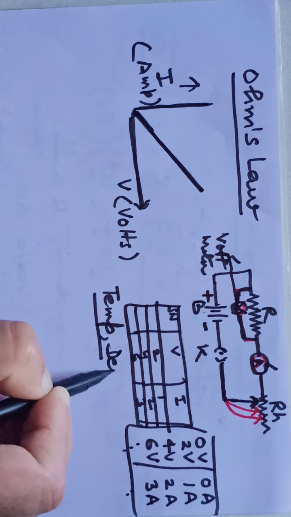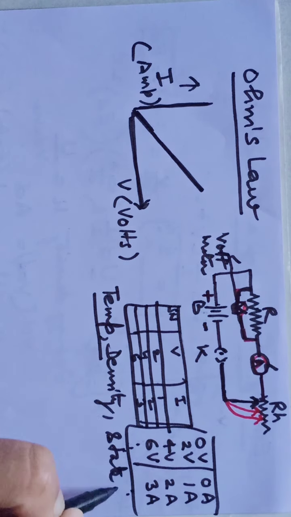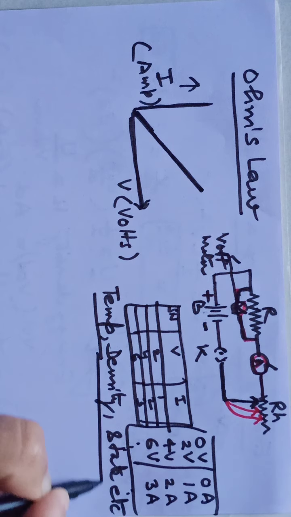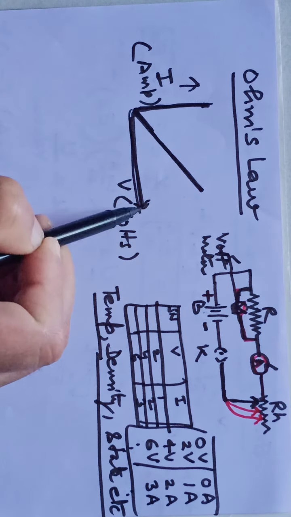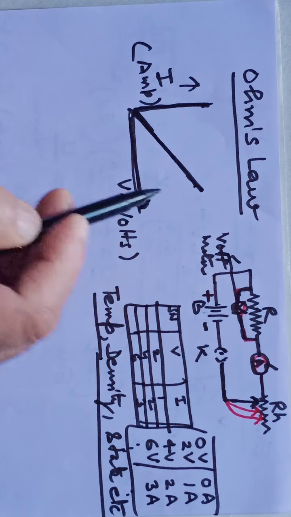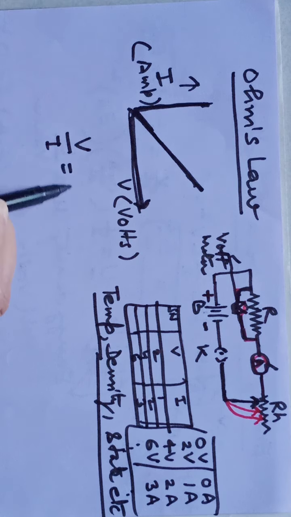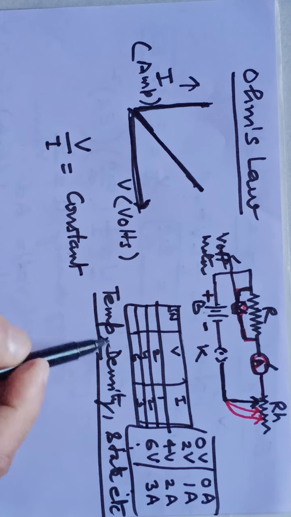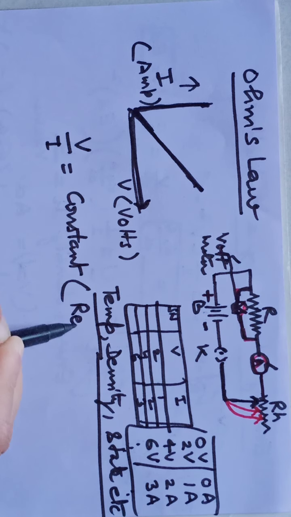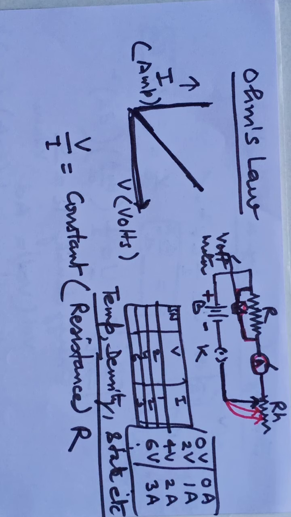So density, state, etc. If these physical conditions do not change, then the graph remains like that, a straight line. So the ratio of V to I is always constant, and this is known as resistance of the conductor R.